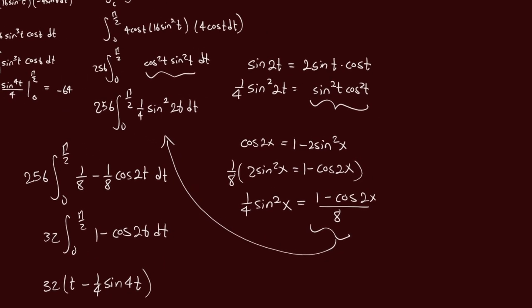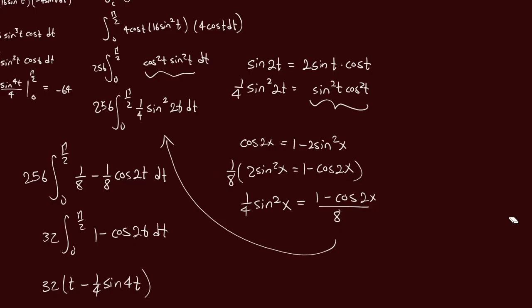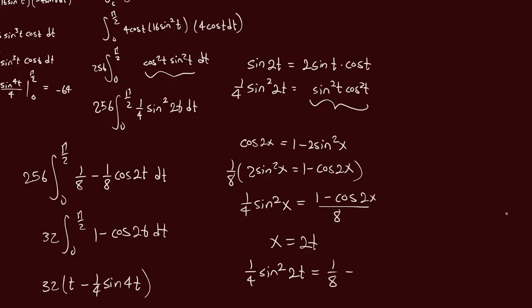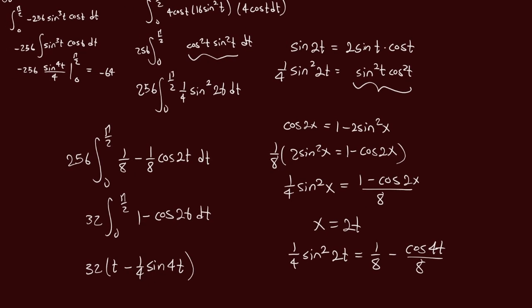Oh, wait, sorry, there's a small mistake. This is 1 over 4 sin squared t. We had 1 over 4 sin squared t times 2 of t. So we should let x equal t. So it would actually be the following. Okay?